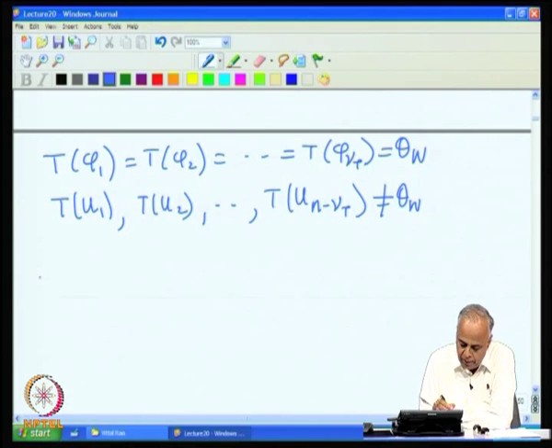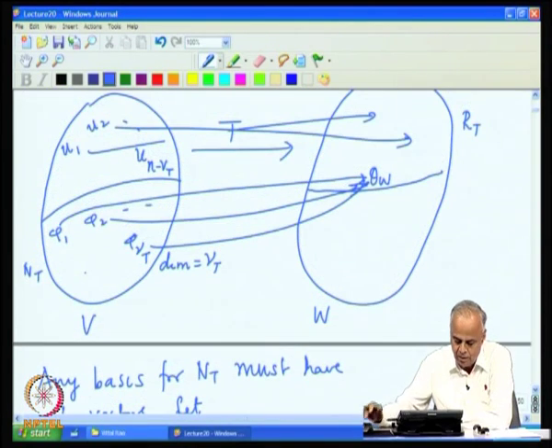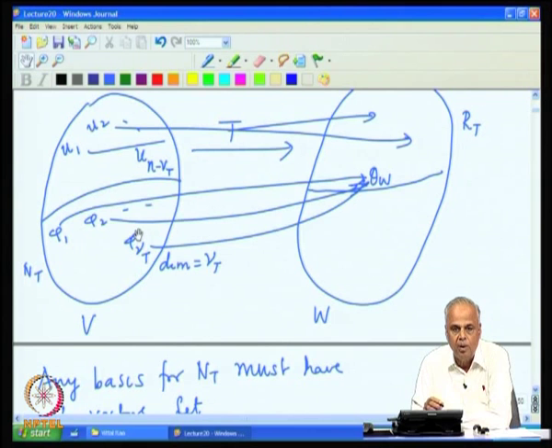Now, consider any vector x in V. Any vector in V can be written in terms of the basis vectors as a linear combination.